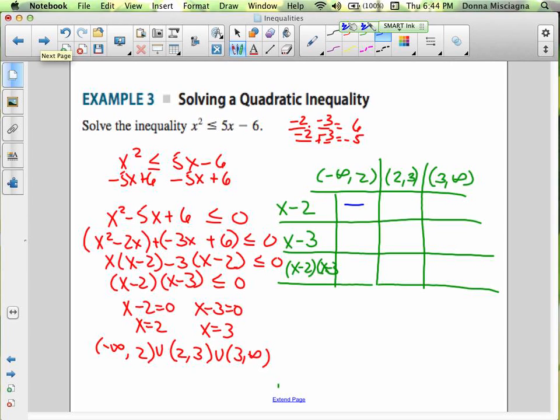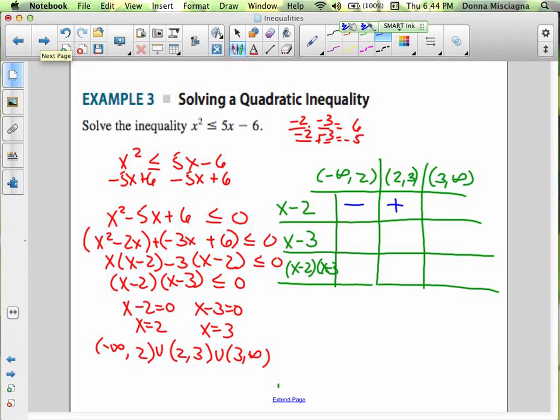So for the interval from negative infinity to 2, anything I plug into x minus 2 is going to be negative. What if I plug in values between 2 and 3? If we plug in 2.5, that would give us a positive 1/2. So anything in this interval is going to be positive. What if I plug in numbers greater than 3? 3 minus 2, that's 1, that's positive.